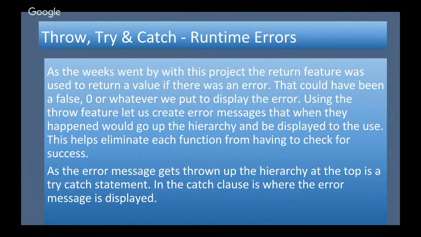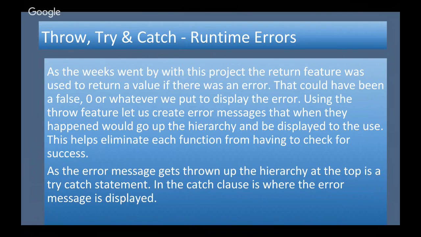Well, this replaces that. What the throw does is, if there is an error that is going to happen within each function, if it doesn't work, we get to use a throw to throw an error message up the line to the top of the hierarchy of the code.